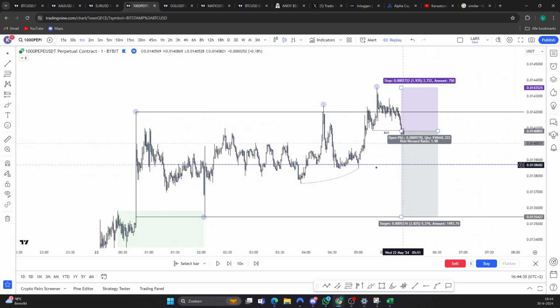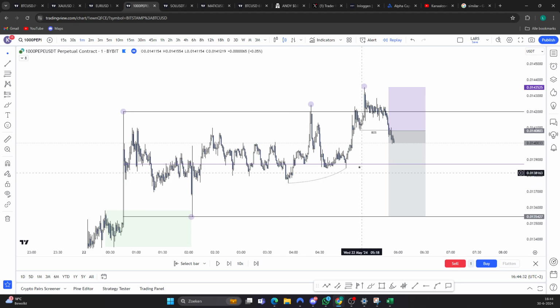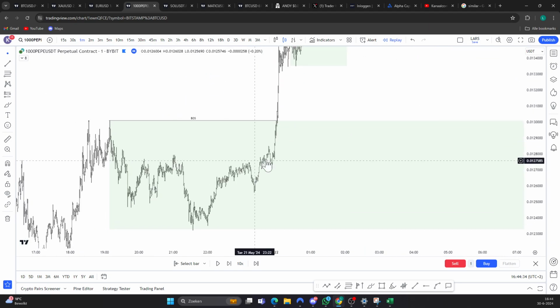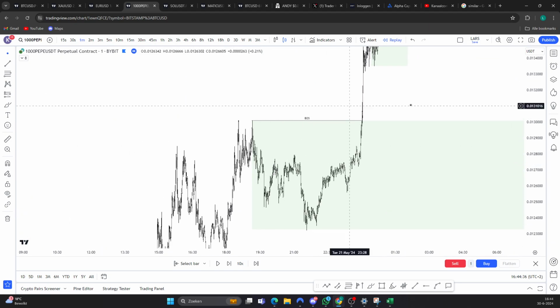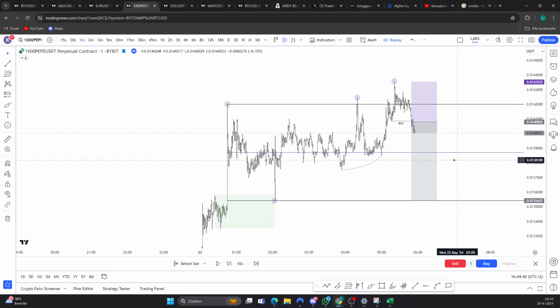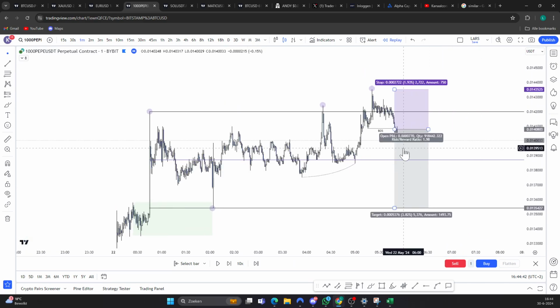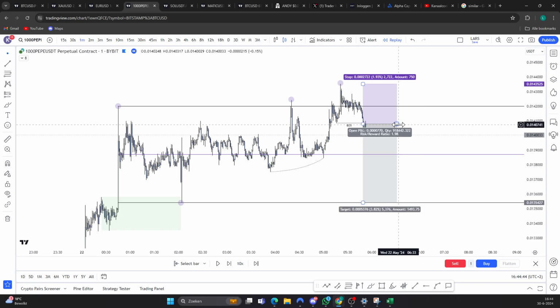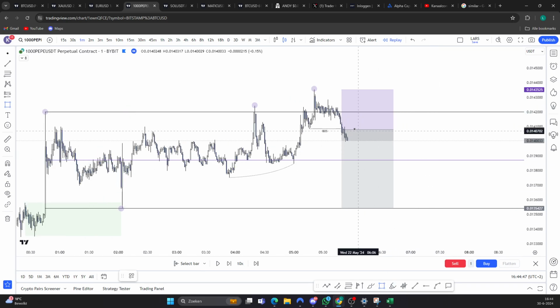We'll just see if we are able to de-risk ourselves a bit more quickly, just like we did on this schematic right here. As of now, it's around a 1.98 risk to reward. Let's see what happens.